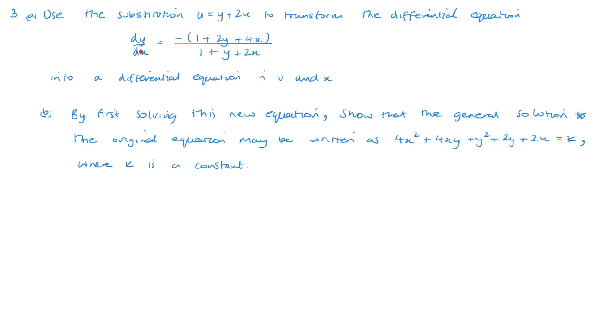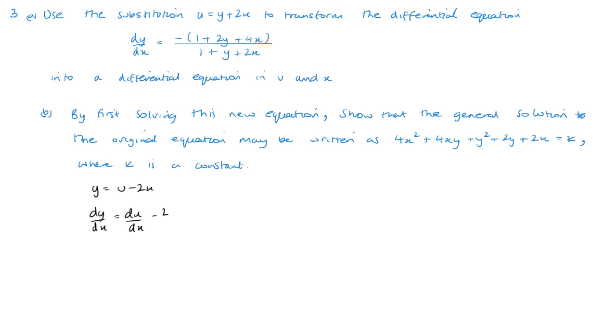So I'm going to have to replace this dy by dx. Let's start with this substitution and rearrange for y. So y equals u minus 2x, and then dy by dx will equal du by dx minus 2.